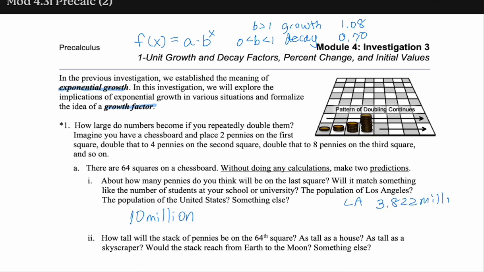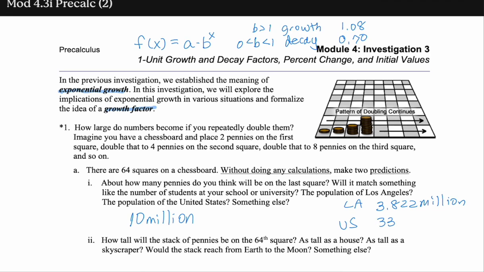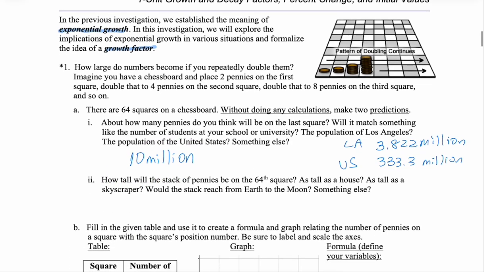Okay, what is the population of the United States? Isn't it something like 34 million? The United States is like 300-some million. 333.3? Yeah. So we still are guessing that it's more than those, okay?